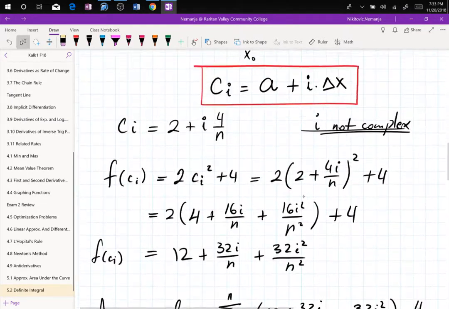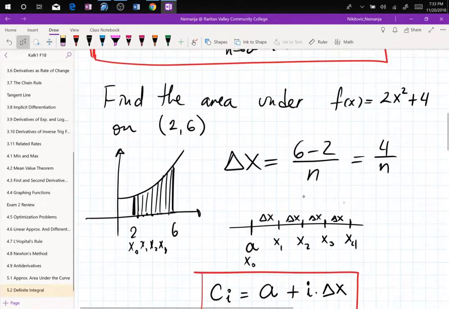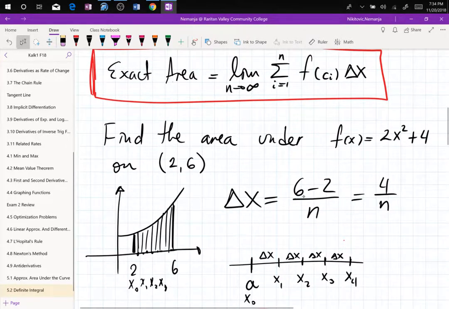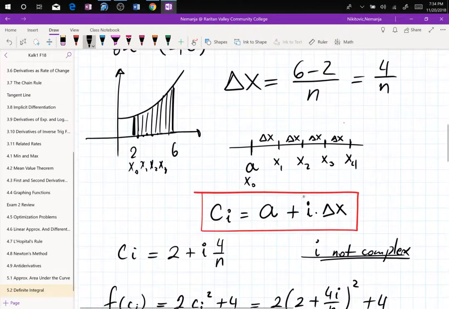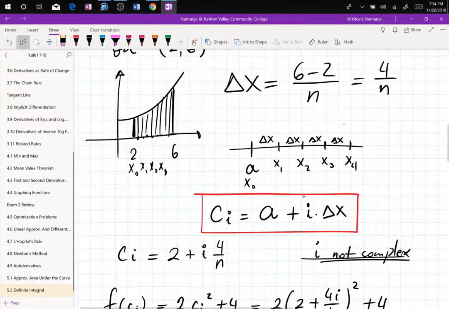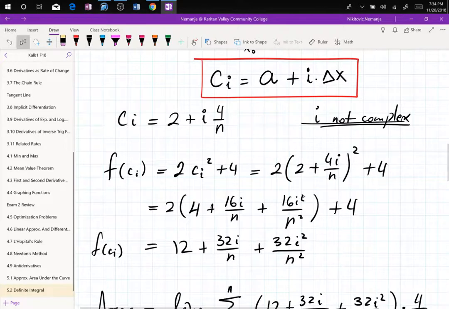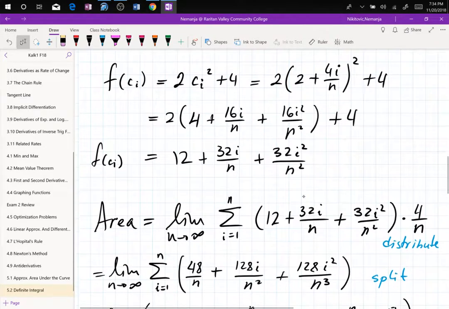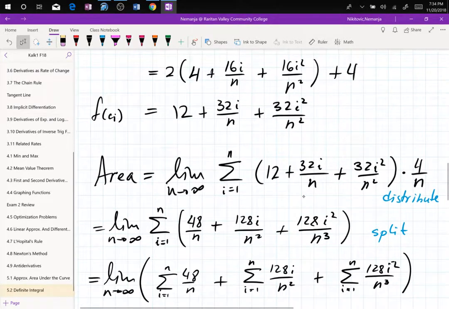So what was this problem all about? Well, we want to compute the exact area. And now we have a tool to compute exact area, because all of the components of this we can find. We can find delta x using the formula. You can find the c_i, which is inside the function, using the formula. Then we can finally compute the function, plug everything in, and this is always the same.